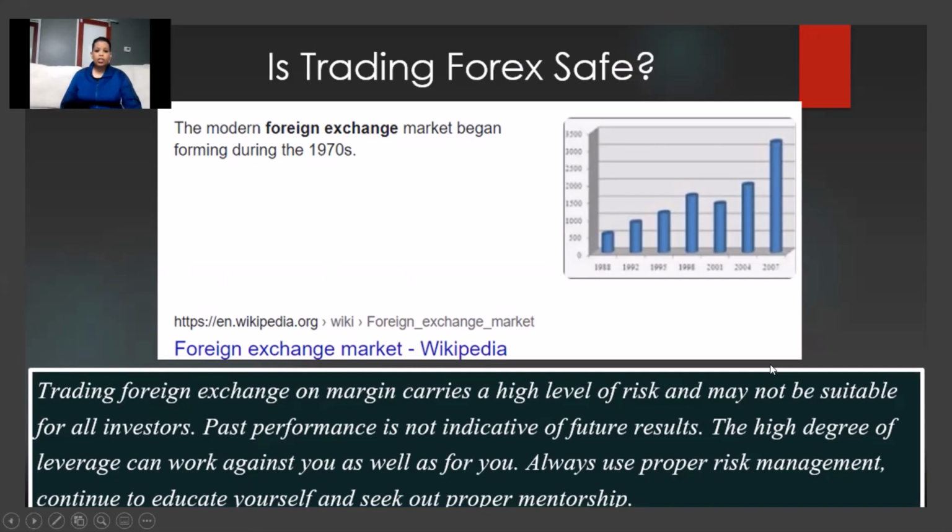Trading foreign exchange on a margin carries a high level of risk, and it may not be suitable for everybody. So make sure that you understand that past profits do not guarantee future gains. So please make sure that you always continue to educate yourself. Make sure that you get proper mentorship and make sure that you exercise proper risk management.